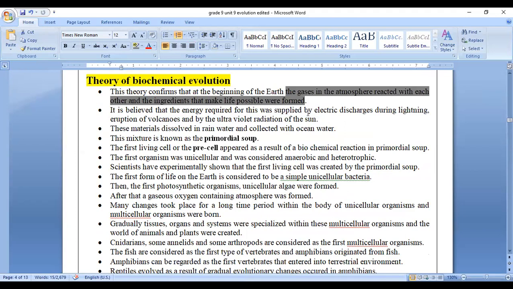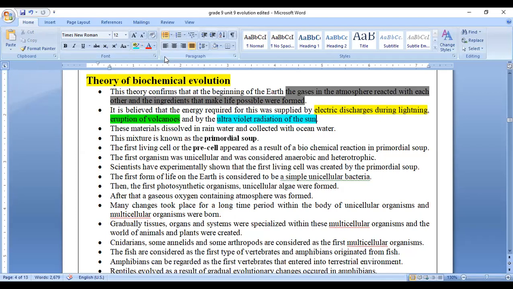And this energy is coming in three forms according to this story. One form, electric discharges during lightning. Second form, eruption of volcanoes. Third form, ultraviolet radiation from the sun.